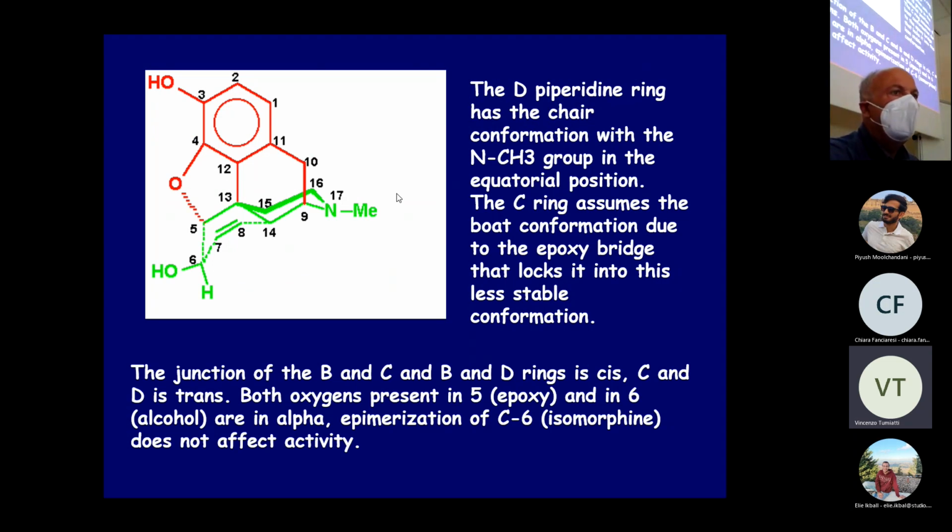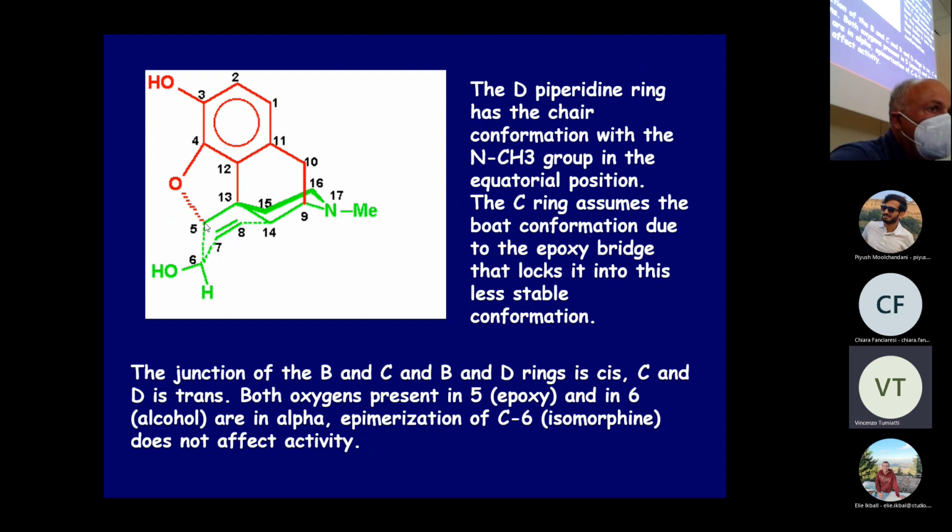In addition, we can observe the conformation of the two rings, ring C and ring D. Ring D, the basic ring, is in a chair conformation, the most stable, you know, while ring C is in a boat conformation.